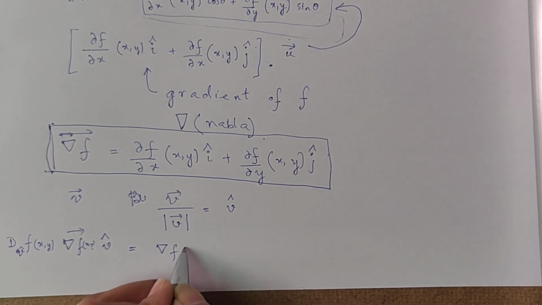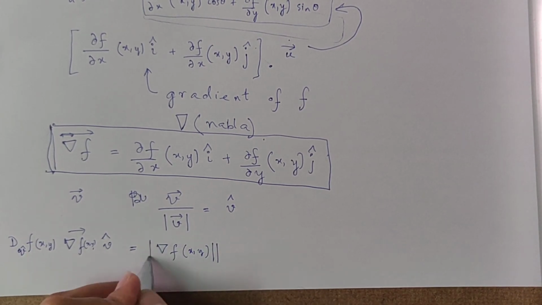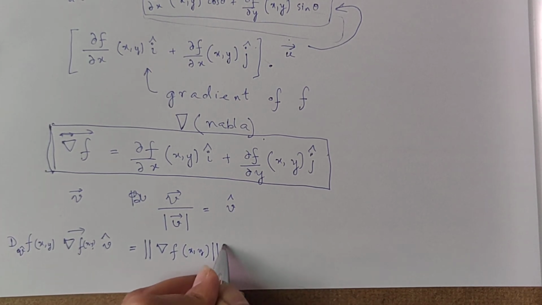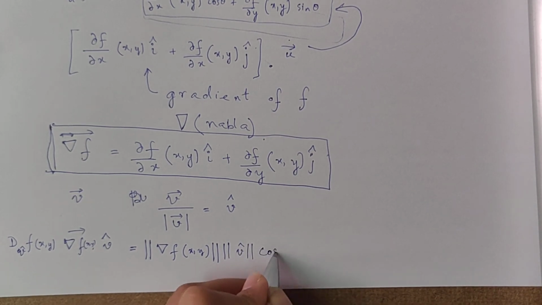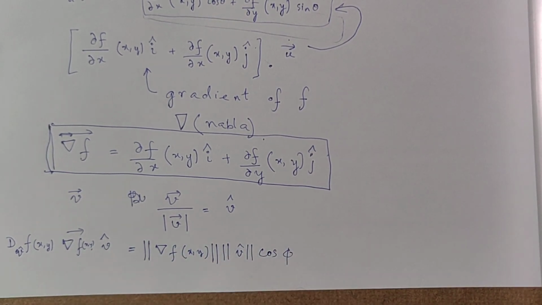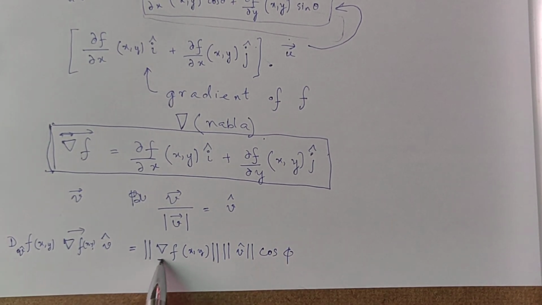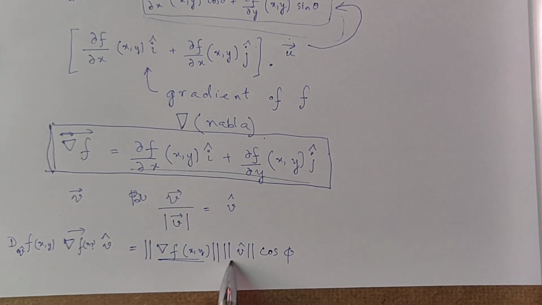According to our definition of dot product, I am taking the magnitude of this into the magnitude of this and cos phi, where phi is the angle between this vector, this is a vector as you can see, and this vector, right?